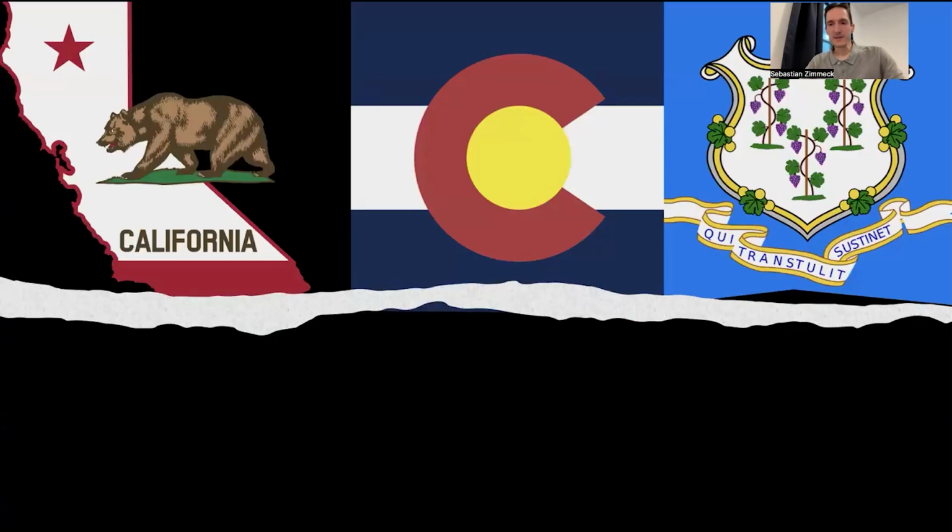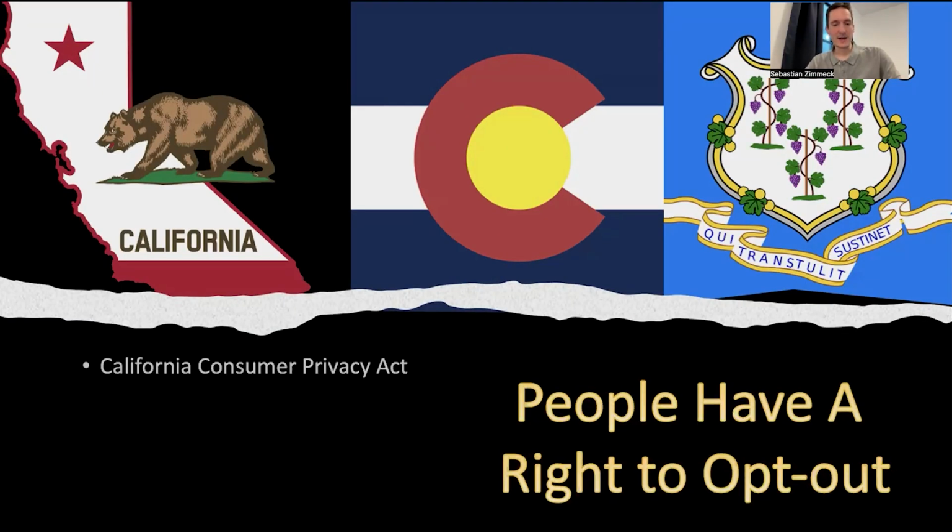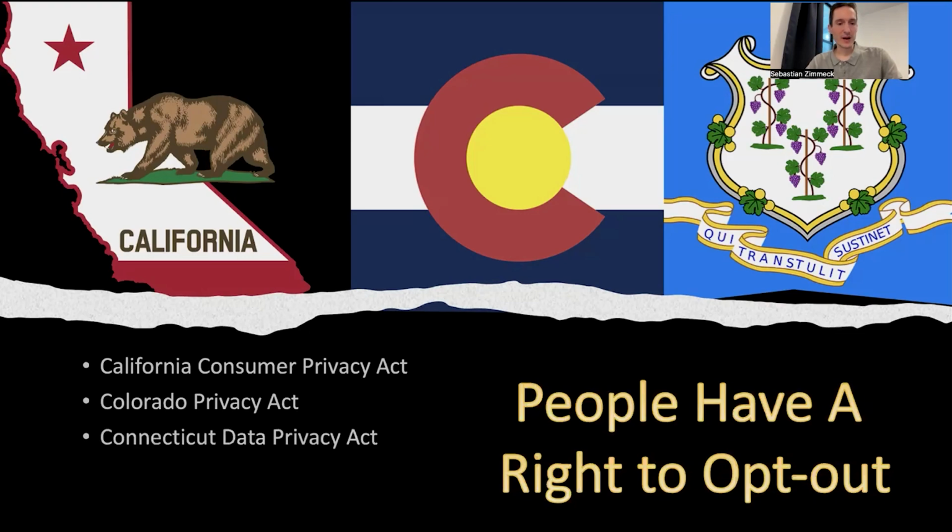Now, privacy laws give us a right to opt out. So, for example, under the California Consumer Privacy Act, people can prevent websites from the sale or the sharing of their personal information. The same is true under the Colorado Privacy Act, the Connecticut Data Privacy Act, the New Jersey Data Privacy Act, and many more.